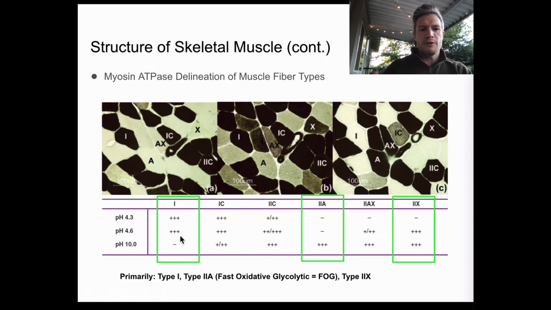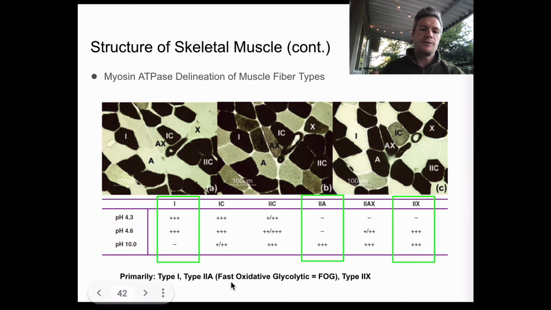Typically we focus on type 1, 2A, and 2X as the predominant muscle fiber types, and we'll see here that there's a little bit of crossover between these muscle fiber types, or what we'll call hybrid muscle fibers. We'll return to that in our discussion about muscle adaptation. But focusing on type 1, which is our slow twitch, and type 2, which is fast, we see that we have predominantly 3 types.